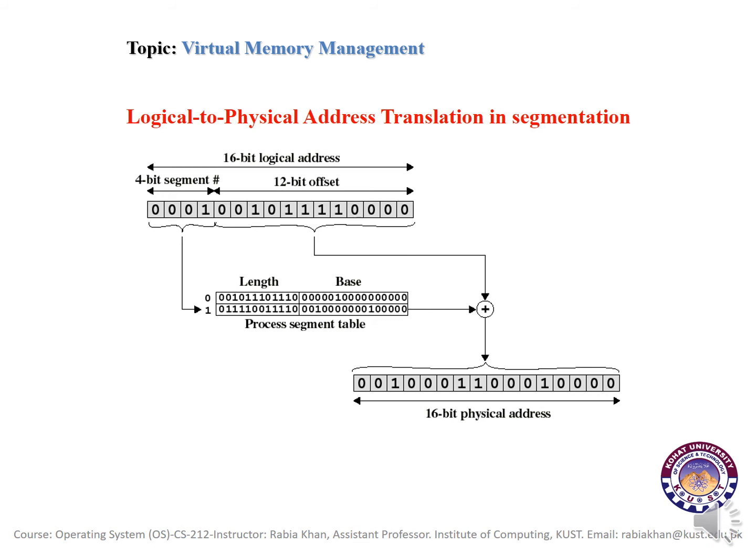The offset gets compared with the size, and if it is a legal or valid instruction, it gets added to the starting physical address of the segment to get the physical address of the single instruction, which is again 16 bits.